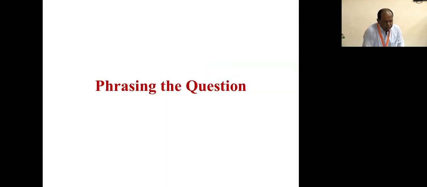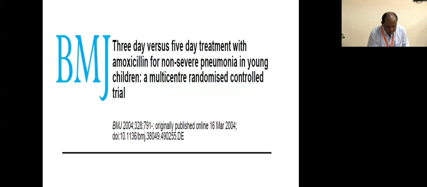This is a very important concept. As I said, we did not know how to address that pralidoxime question at that time, and later on many such questions. So this is 3 days versus 5 days treatment for non-severe pneumonia in children.